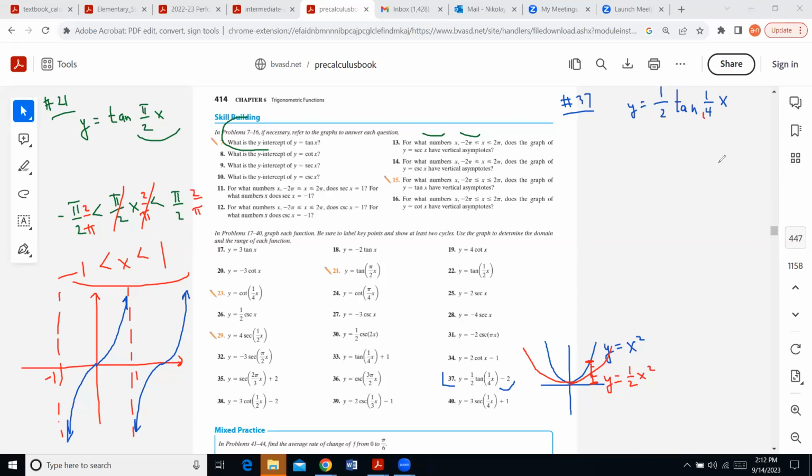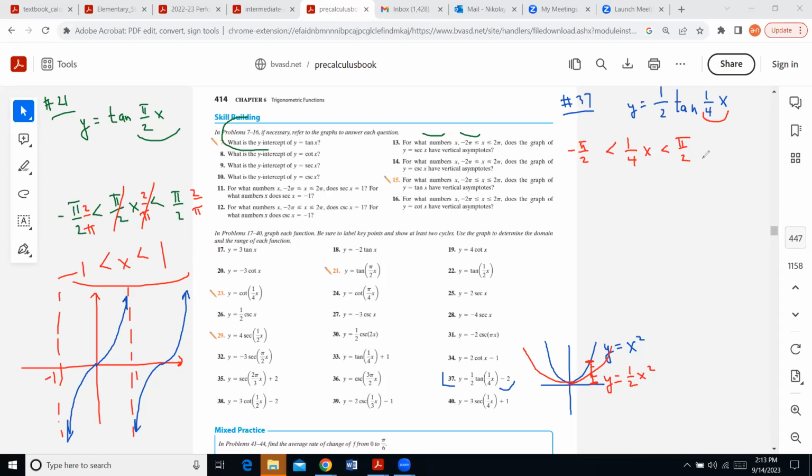So I'm just going to care about this 1/4 x. I'm going to put it in between these new 2 boundaries, minus and plus pi over 2. That's for tangent. That's something to remember, or if you don't want to remember, it's okay.